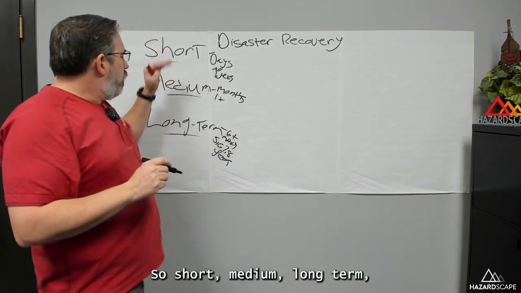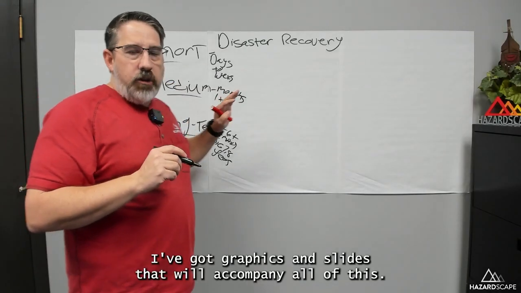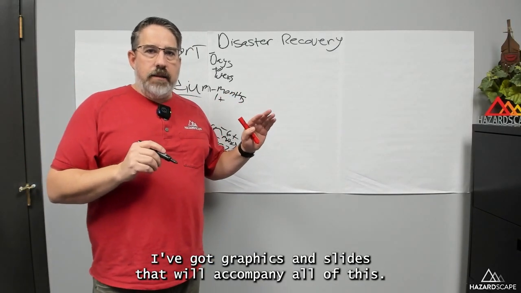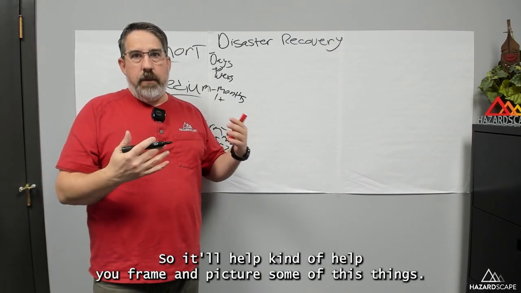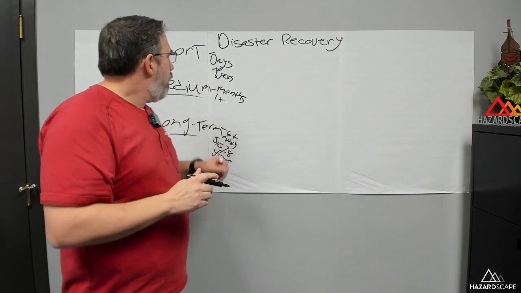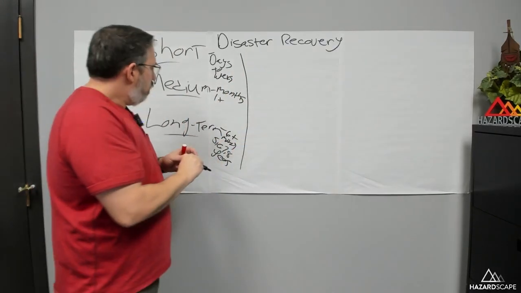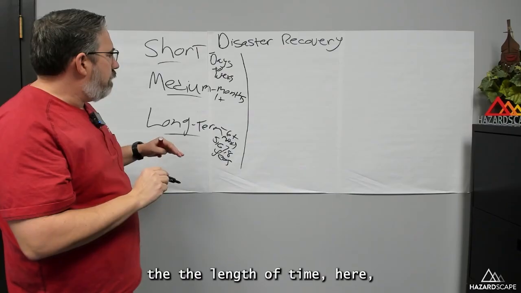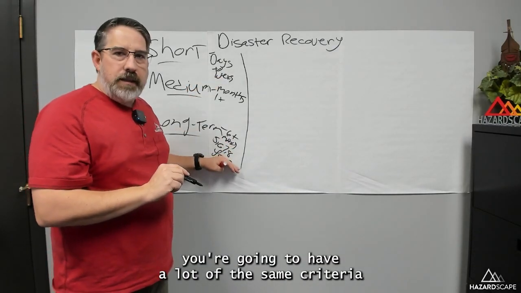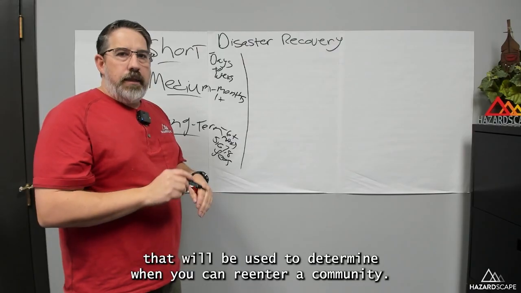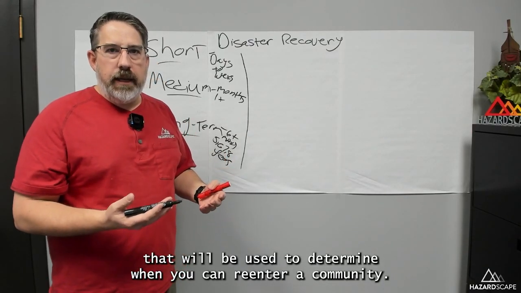So short, medium, long term, I've got graphics and slides that will accompany all of this. So it'll help you frame and picture some of these things. But regardless of the length of time here, you're going to have a lot of the same criteria that will be used to determine when you can re-enter a community.